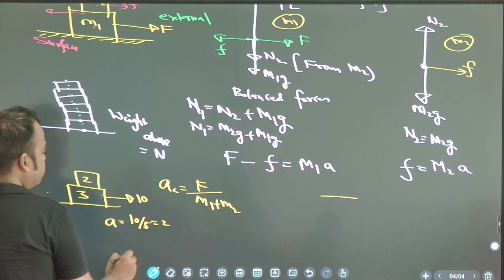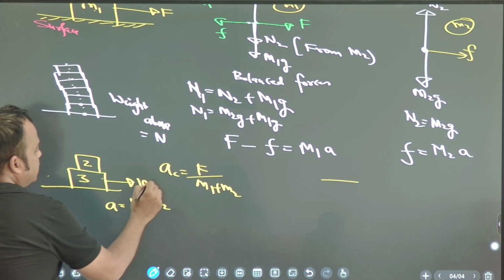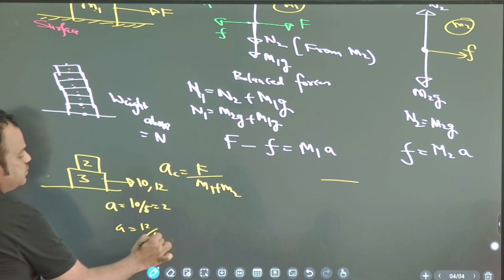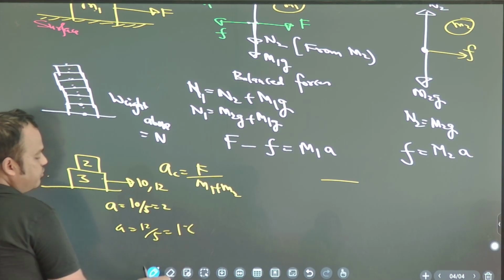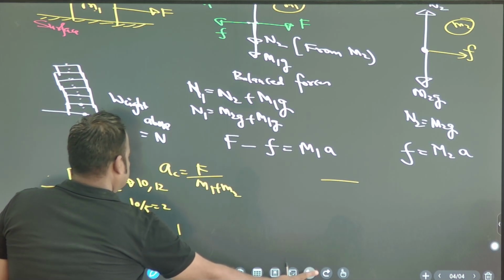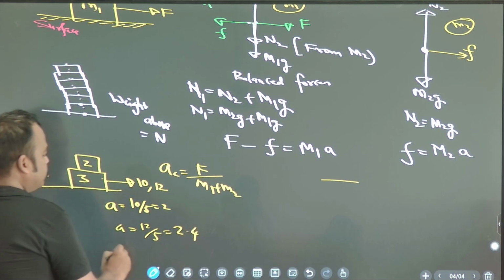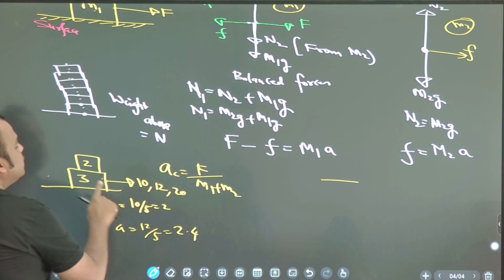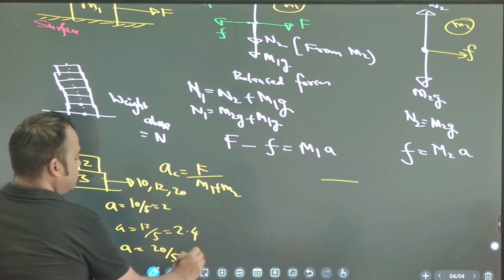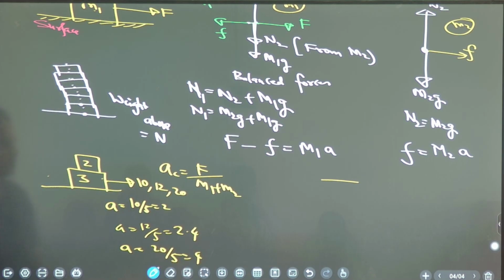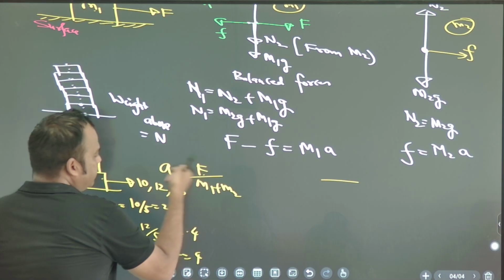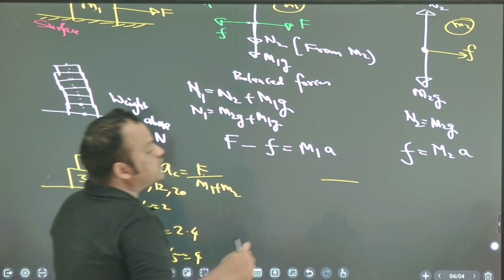If this is 12 Newton, what is the common acceleration? 2.4. If this is 20 Newton, what is the common acceleration? 4. So common acceleration is directly proportional to F. More F means more common acceleration.